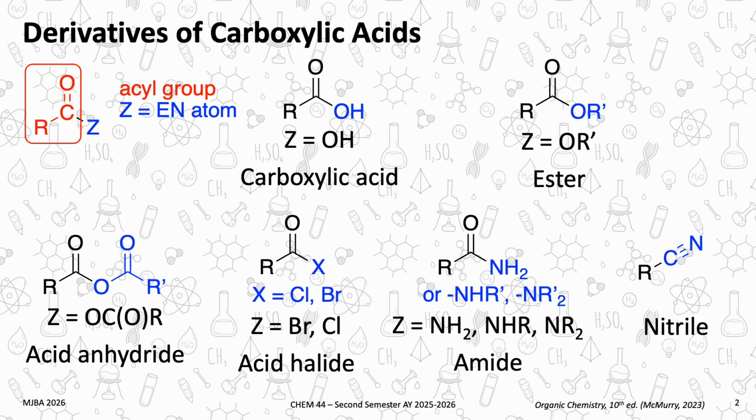We see here that carbon has 3 bonds with a more electronegative atom, just like the rest of the carboxylic acid derivatives. So for this purpose, we're going to be focusing on these 5 compounds as derivatives of carboxylic acids.